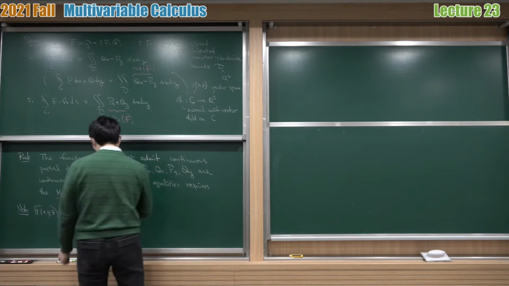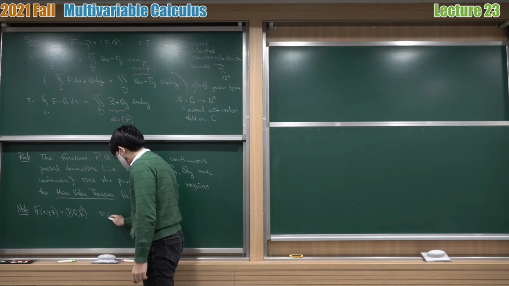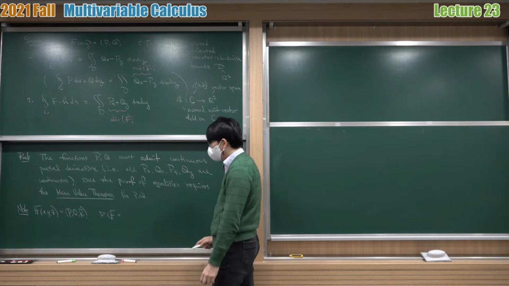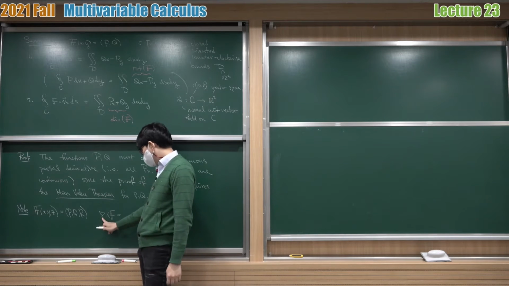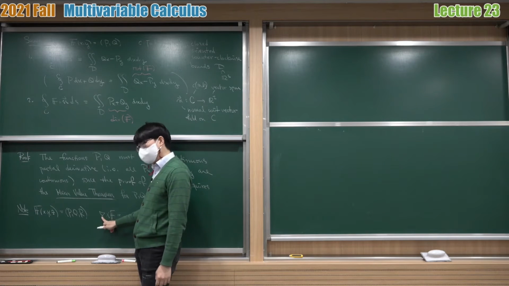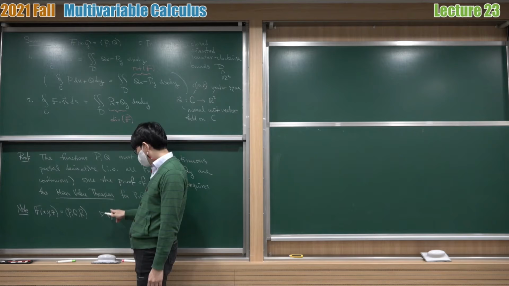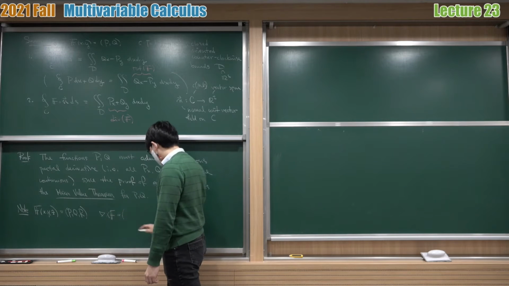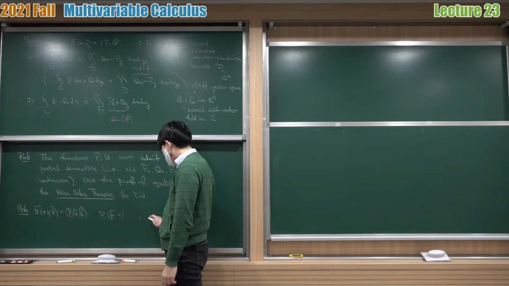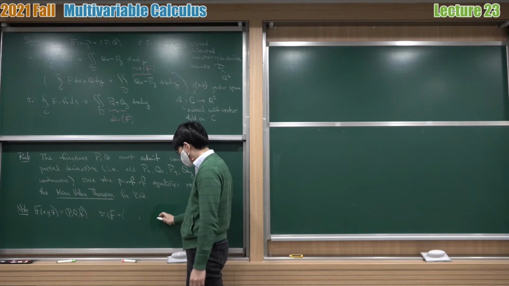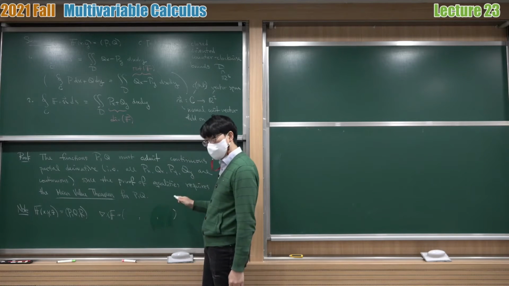Then I define a curl as this nabla. This inverted triangle is called nabla, times, so this is actually the cross product symbol, the cross product with F as some three-dimensional vectors. I'm not going to write it right now because I don't really remember the curl formula, but there is a way to remember this.